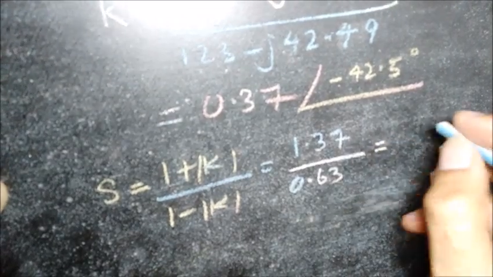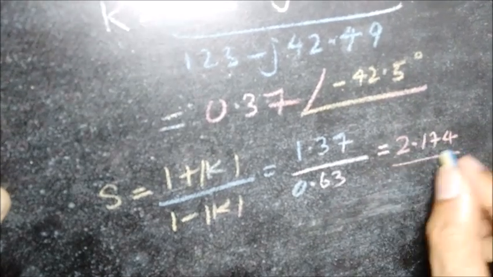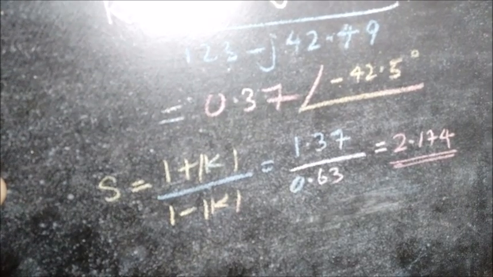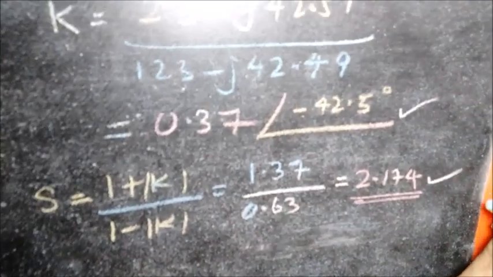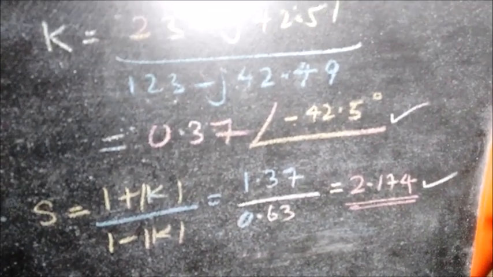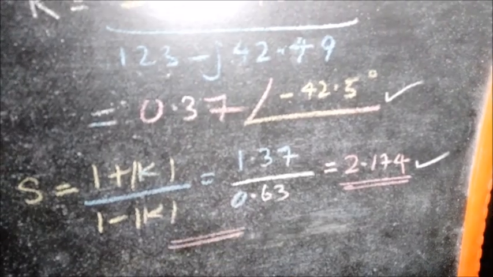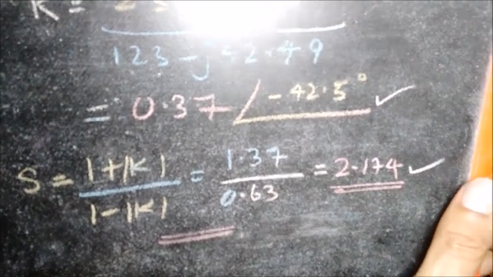That gives 2.174 or something very close to this. So that is the standing wave ratio, and this is the reflection coefficient. Please verify the final numbers once, whether I have done it correctly. So that completes this example, and we will continue discussion further in the next video.